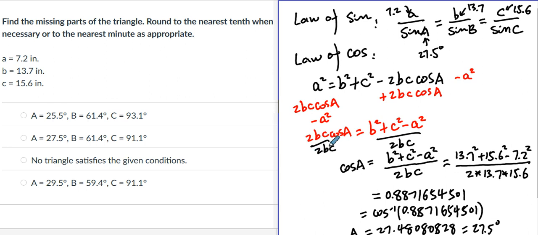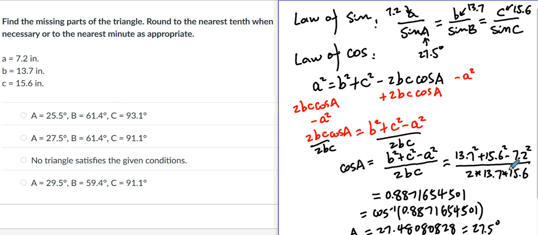Then divide by 2bc on both sides, and cosine A comes out: b squared plus c squared minus a squared, divided by 2bc.